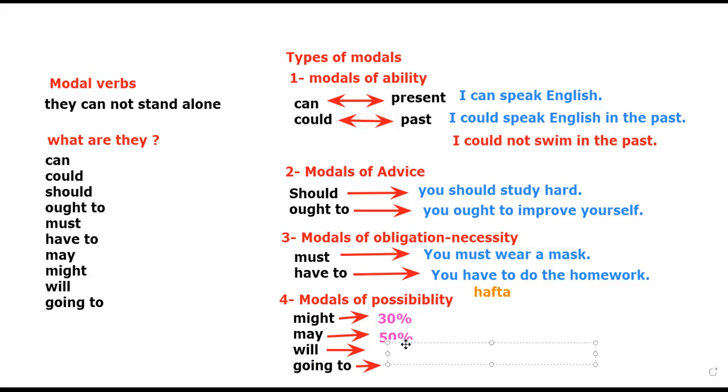Will actually it is let's say 80% or 70%. طيب going to 90%. اوكي هذا من حيث الاحتماليات او الاحتمالات.